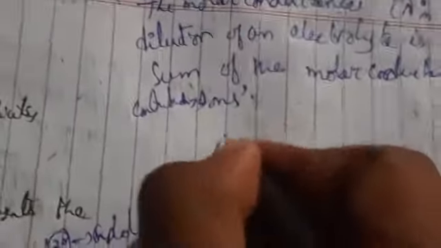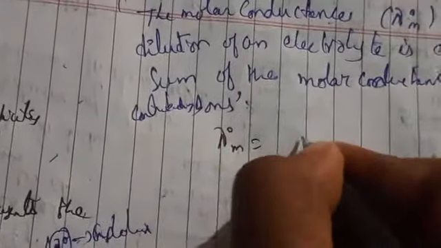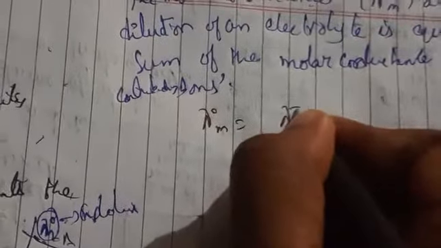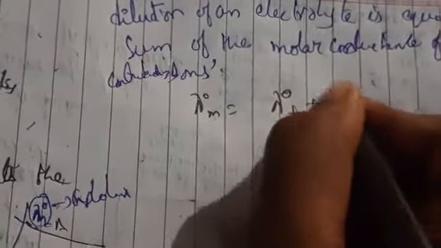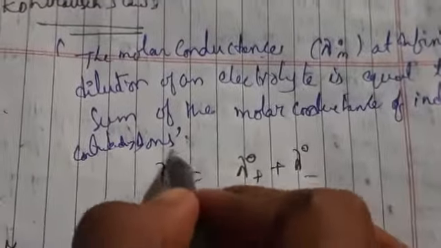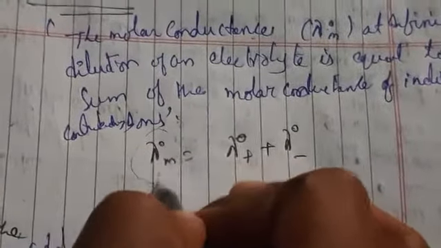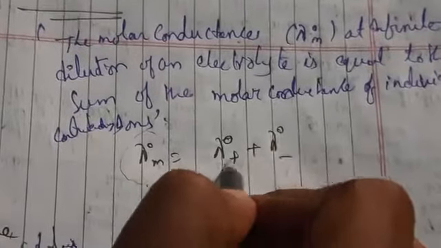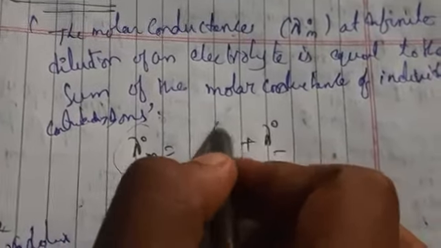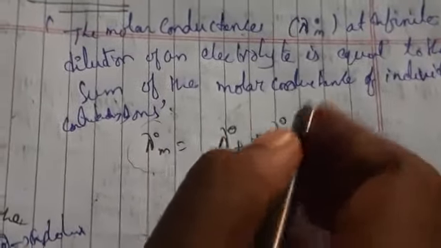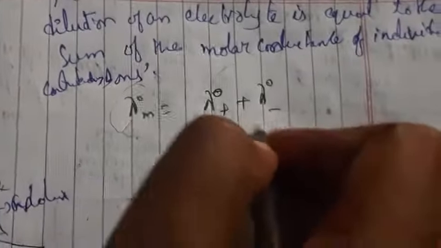It is indicated by the formula lambda naught m equals lambda naught plus plus lambda naught minus. That means the molar conductance at infinite dilution of an electrolyte is equal to the sum of the molar conductance of the individual ions at infinite dilution.